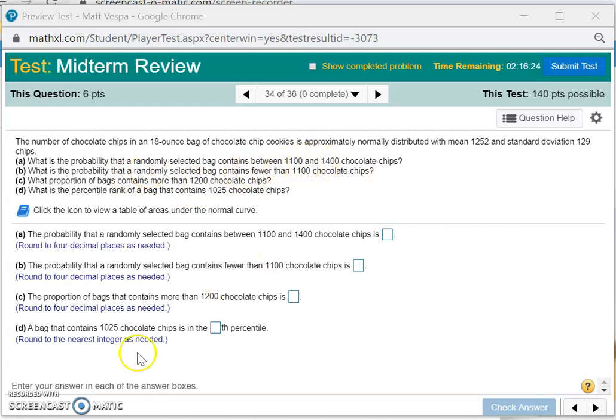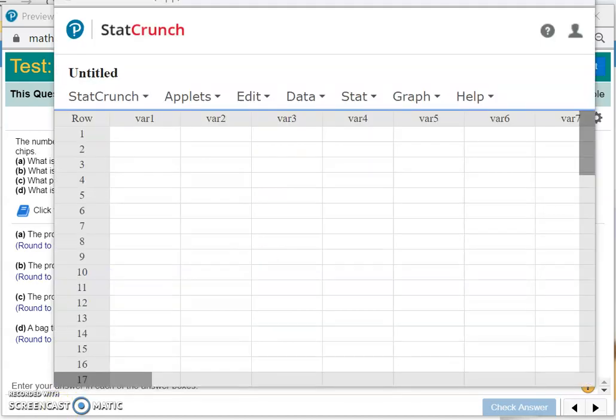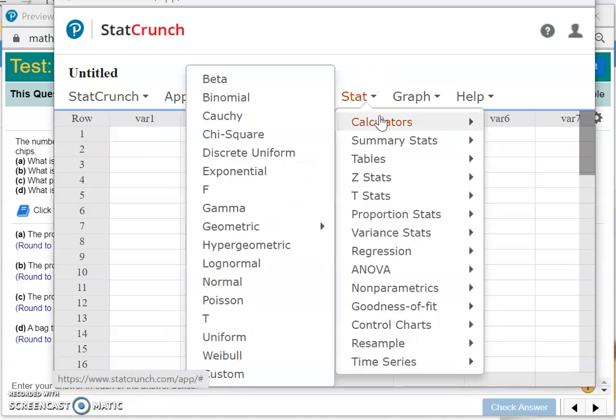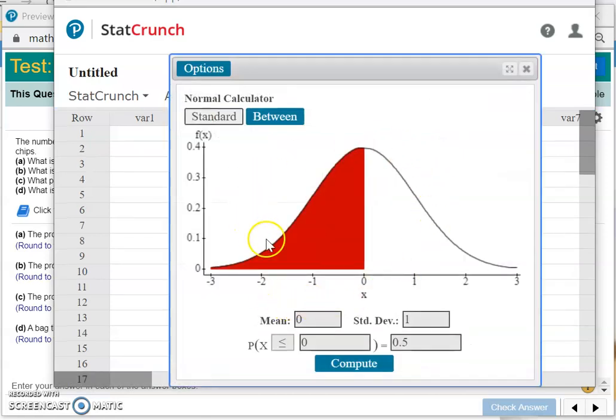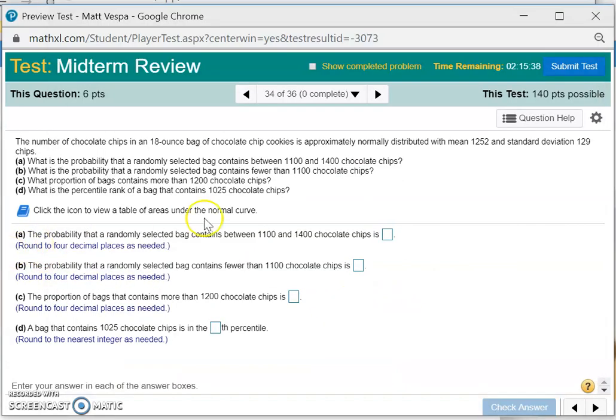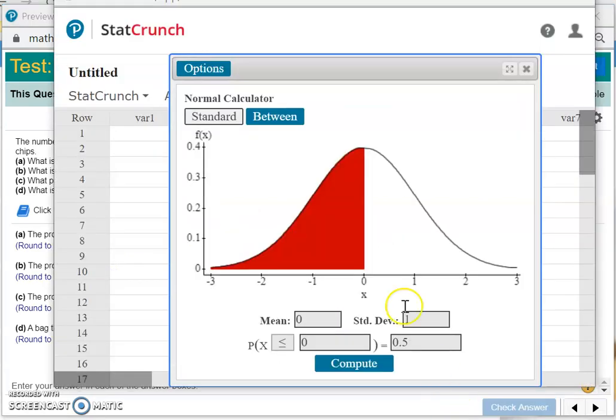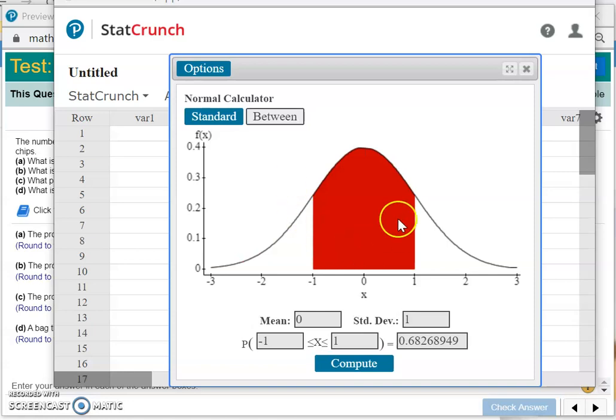Between 1100 and 1400. So once I'm in StatCrunch, I'm going Stat, Calculators. I want the normal distribution, right? And I've got this beautiful graphical interface that makes these sorts of problems easy. And problem A was a between, right? So I'm going to pull up the between calculator, and this gives me the between window, right?